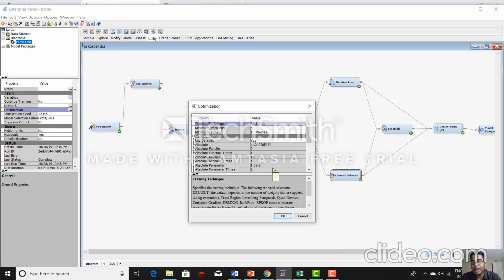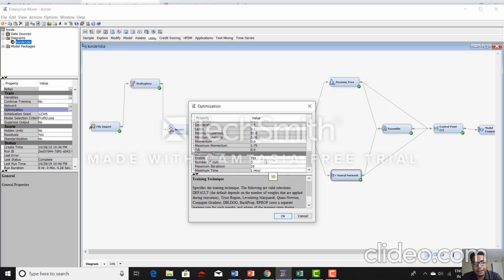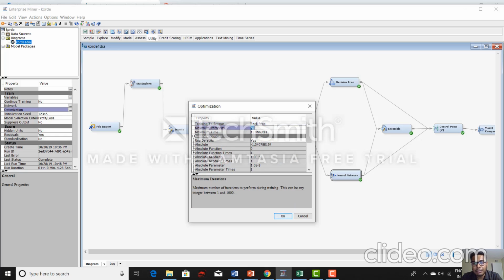Backpropagation is an algorithm where we apply different weights to our input data to find the best possible weights, and this is basically a feed forward network. The maximum iterations that our backpropagation method can have is 50, and the maximum time that I have allotted to the backpropagation method is 10 minutes.